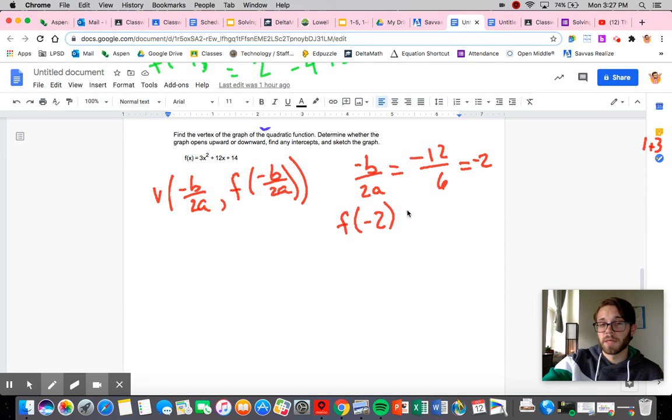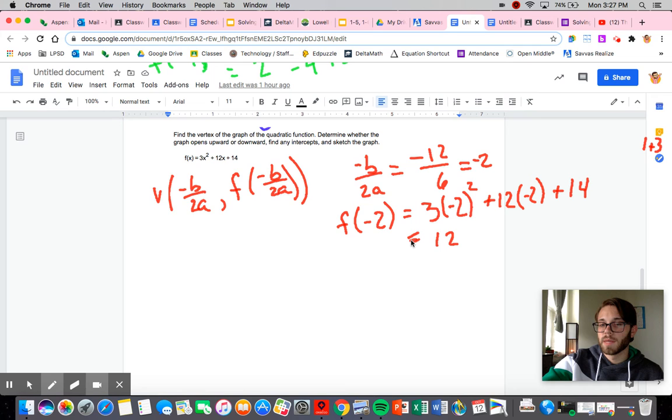We have to be careful to make sure we write this down correctly. So it is 3 times negative 2 squared plus 12 times negative 2 plus 14. All right, so remember it's negative 2 squared, so that is 4. So that'd be 12.